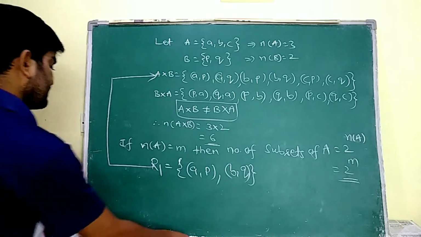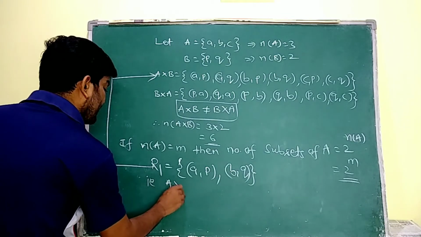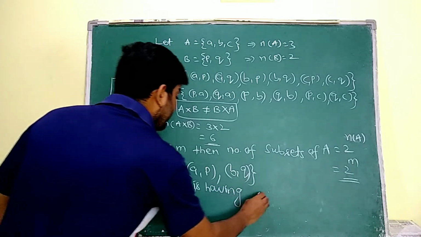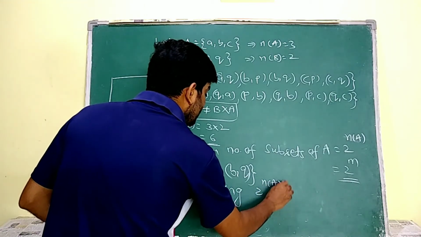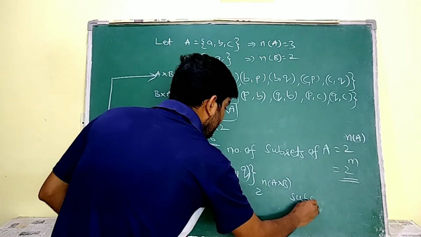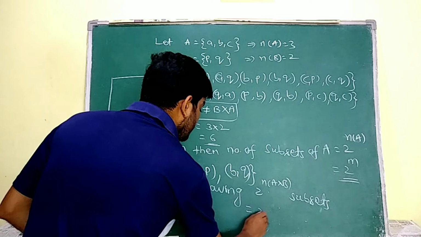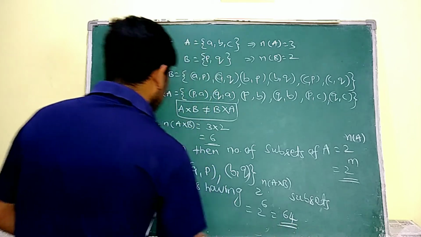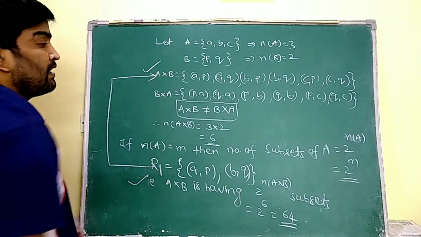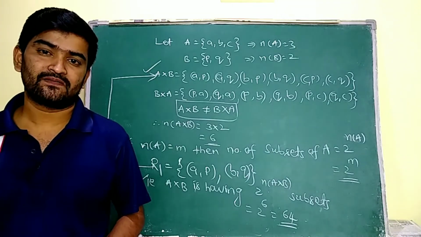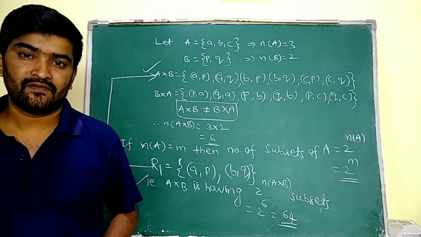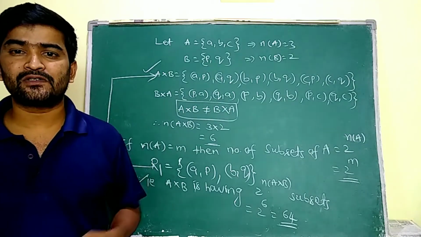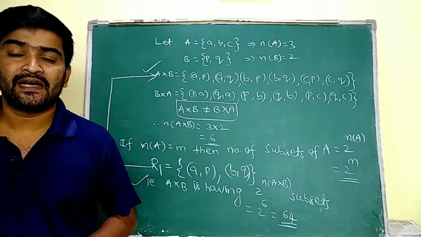That is, A cross B is having 2 power number of elements in A cross B subsets, that is equal to 2 power 6, that is equal to 64 subsets this particular A cross B is having. All those 64 subsets are known as relations from this A to B. Understand? If I want to write all the 64 subsets, then all the 64 subsets are relations.